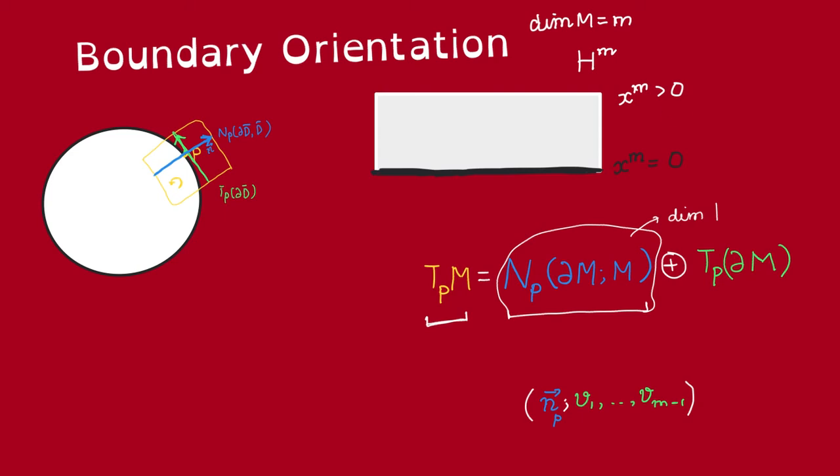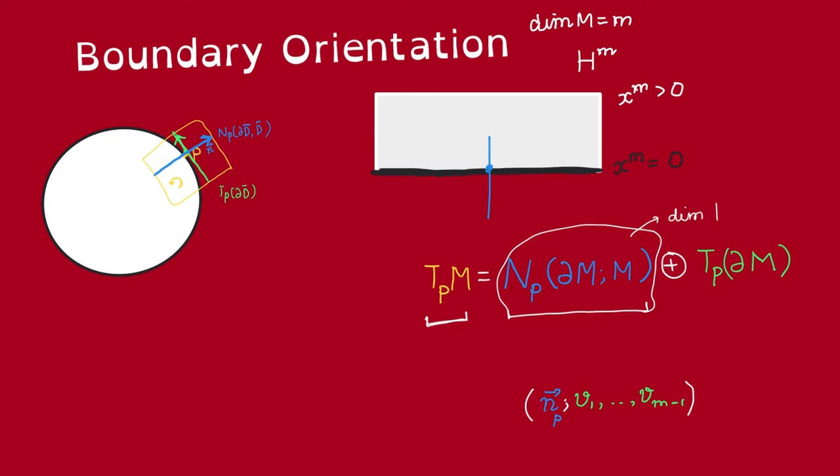In particular, the boundary of this upper half space is cut out by this coordinate function x_m. So it's cut out by a single function, and thus it has codimension 1. So the tangent space to the boundary here also has codimension 1, which means that this normal space must have dimension 1. In particular, an orientation on the normal space can be represented by just a single basis vector.